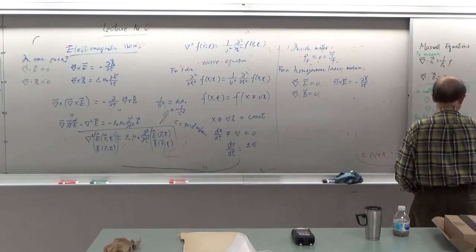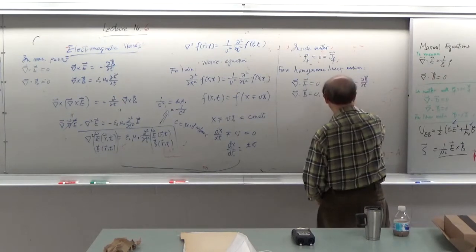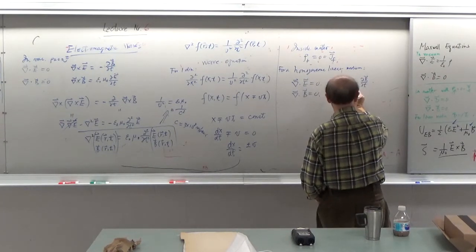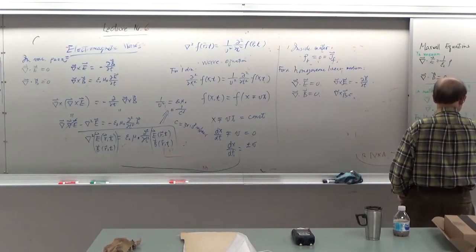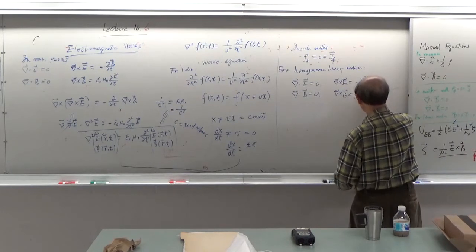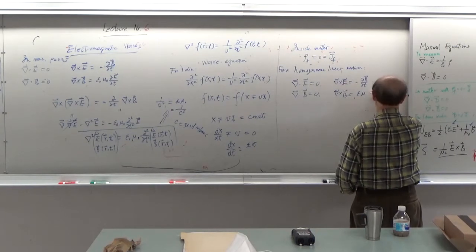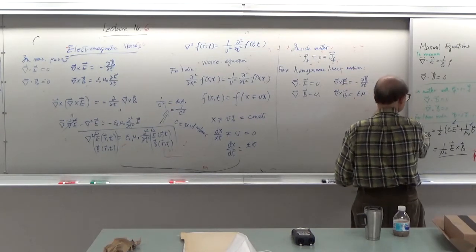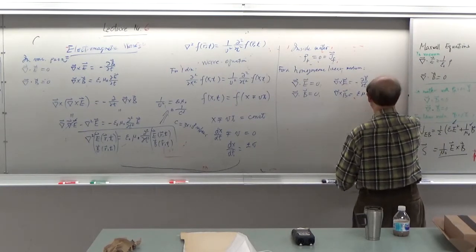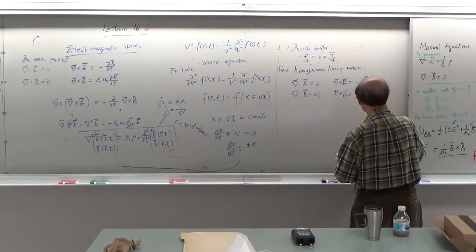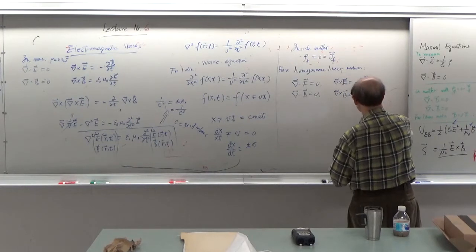And then D is epsilon E. So that you can rewrite this as curl of B is equal to epsilon mu del E by del t.